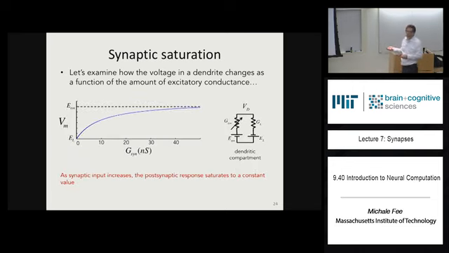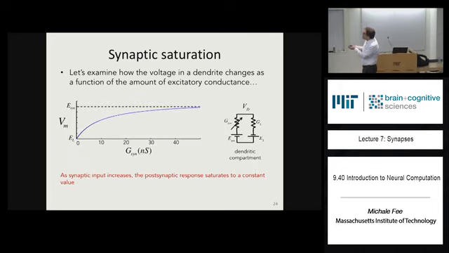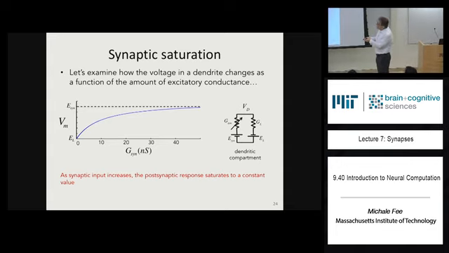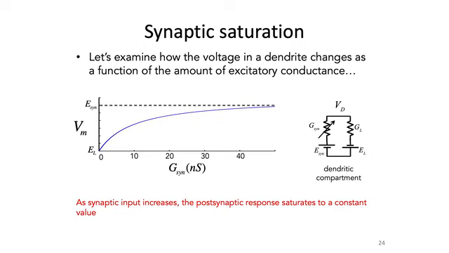And what I'm going to show you is the voltage change in the dendrite. With zero conductance, of course, it's sitting there at the potassium reversal potential, or E leak. And as you add conductance, it corresponds to making that resistor smaller.